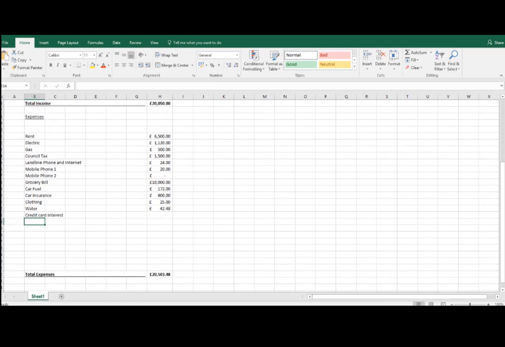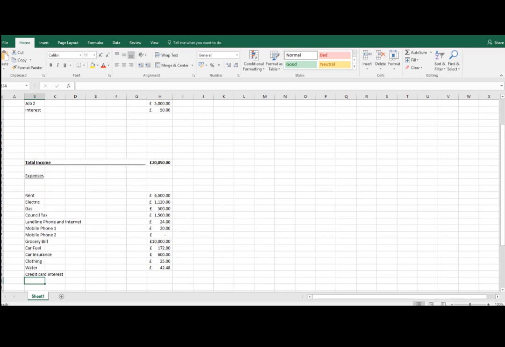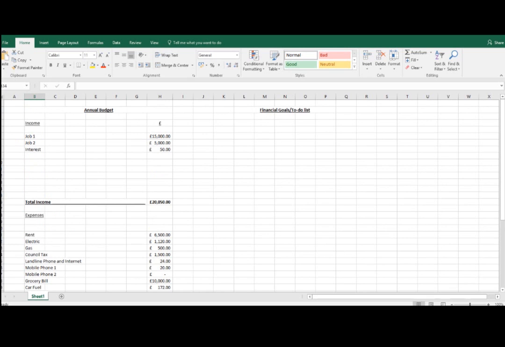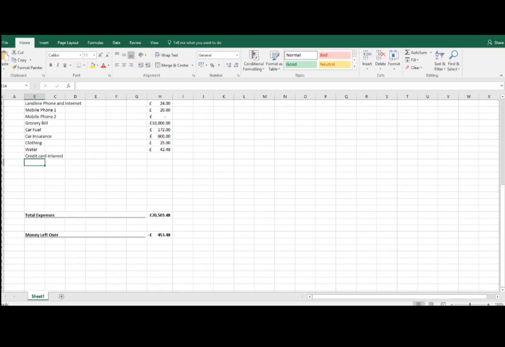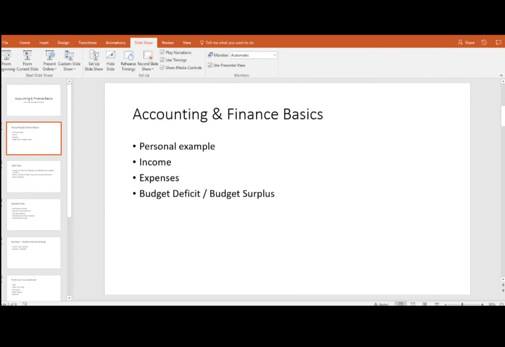There could be money going out that's a mortgage payment, or perhaps some sort of loan repayment. That's not really an expense, it's money you're paying back. But just to keep this simple, we have money coming in and money going out, and there's either a deficit or a surplus at the end.